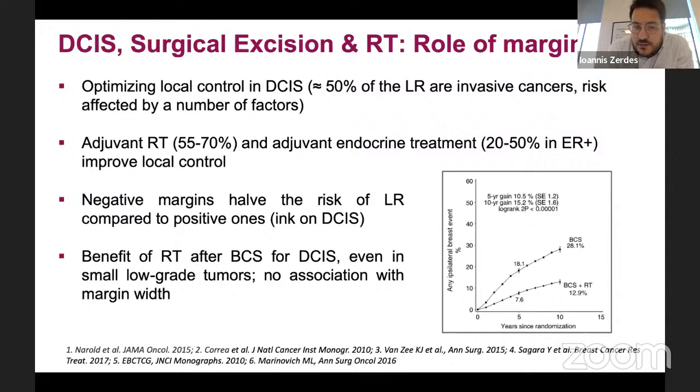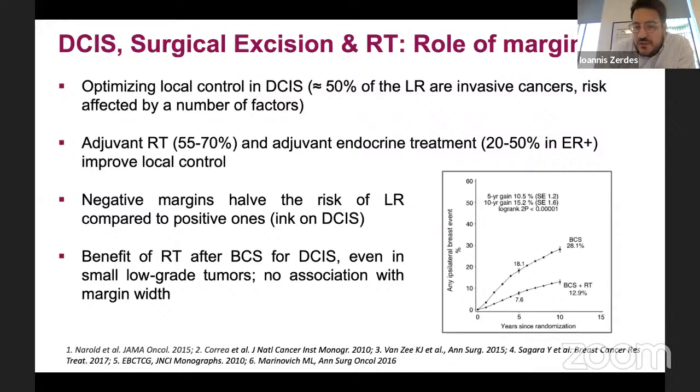Positive ones are considered according to the published studies as ink on DCIS. And this comes from the EBCTCG meta-analysis, that the benefit of radiation therapy after breast conserving surgery for DCIS is apparent, even in small, low-grade tumors.